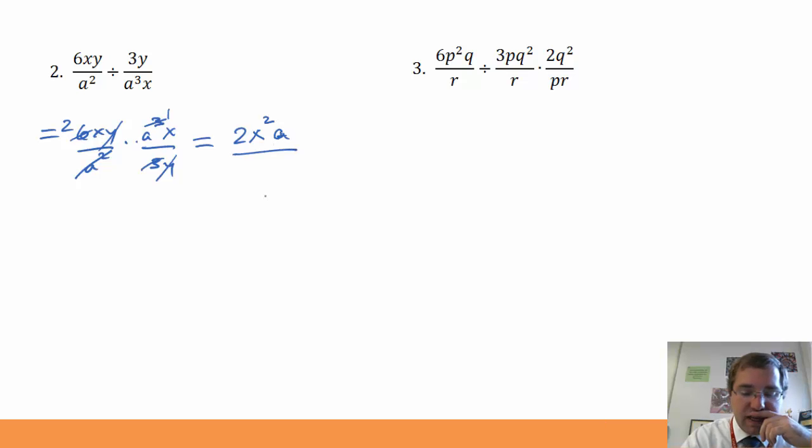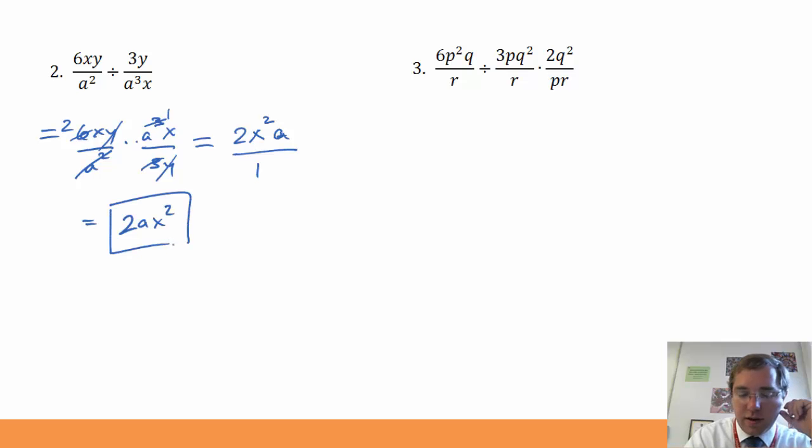On the bottom, what's left? Nothing. The a squared was canceled, the 3 was canceled, the y was canceled. So we'll just write this as 2a x squared, or 2x squared a. If it's just over 1, we don't need to write the 1 on the bottom.